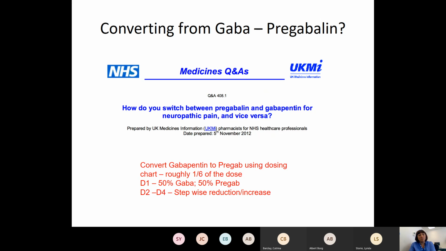Day 1 having 50% of each, and then over the next 3 days do a stepwise increase of pregabalin and decrease of gabapentin. For teenagers in particular who want as few tablets as possible, this is a better option.